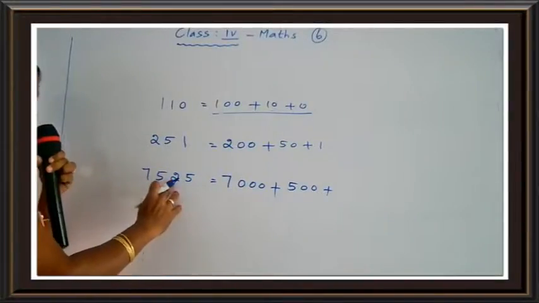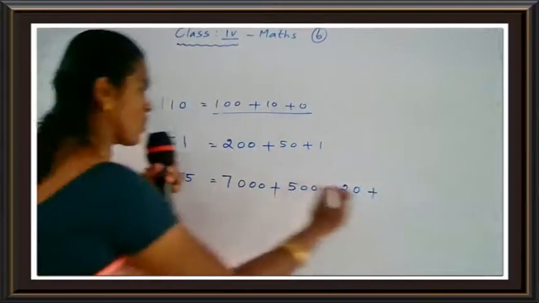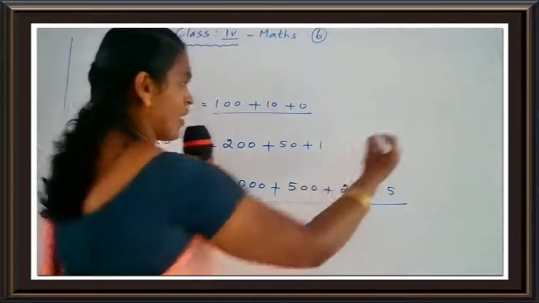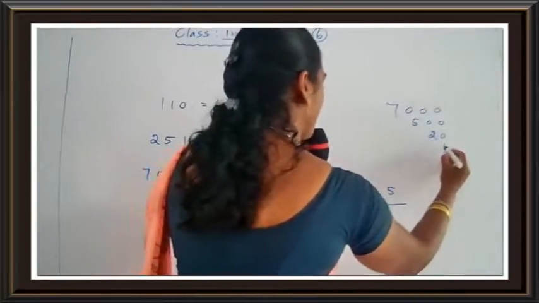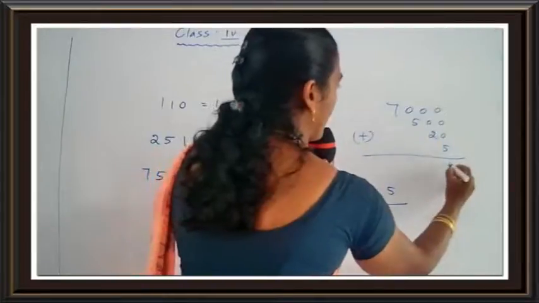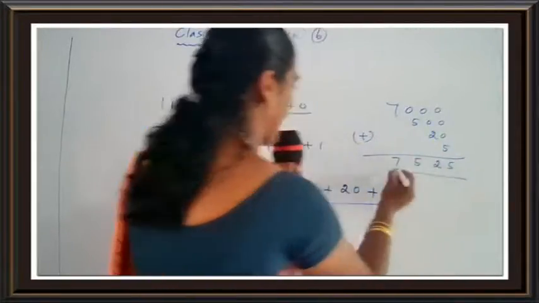2 tens means 20 plus 5 ones, so 5. So now you add all this. 7525, okay. Now you add 5, 2, 5, 7, so your answer is 7525.